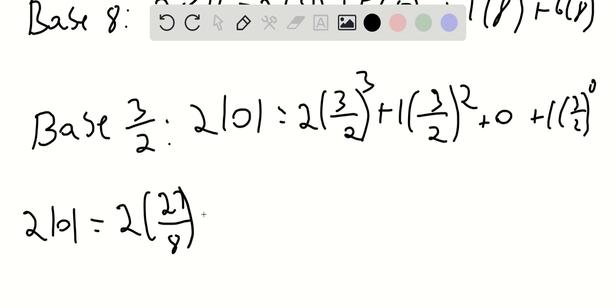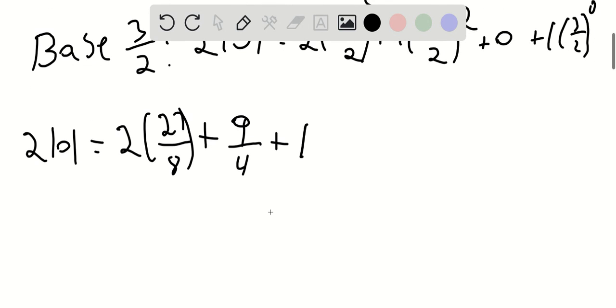And then plus 1 times 3 halves squared. Well, 3 halves squared is 9/4. So we'd have plus 9/4. And then plus 0. And then plus 1 times 3 halves to the 0, which is just plus 1, because anything to the 0 power is 1.